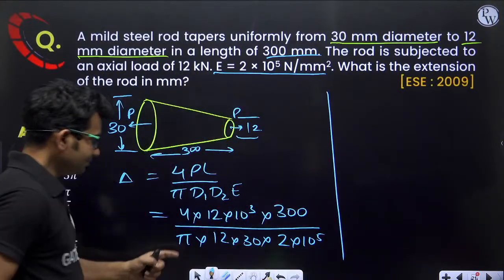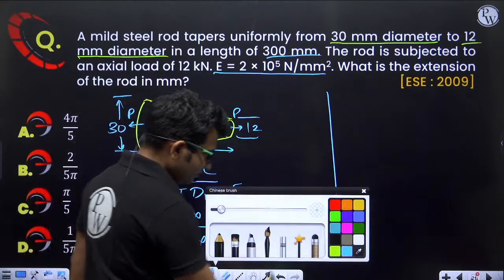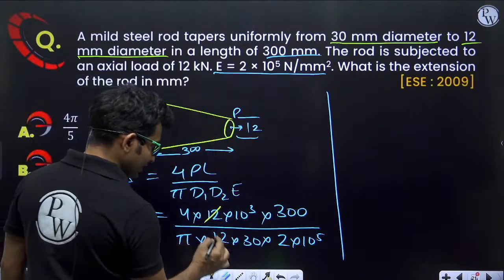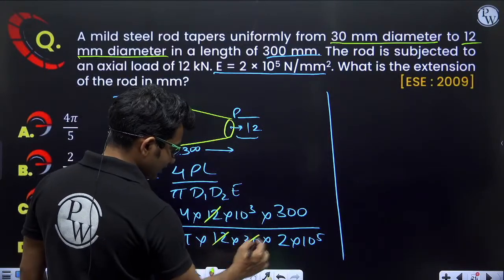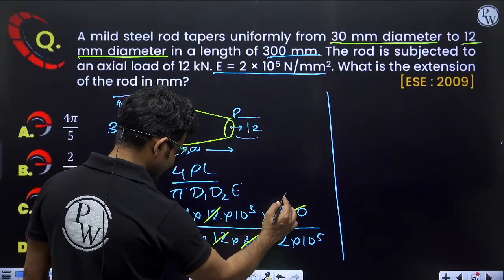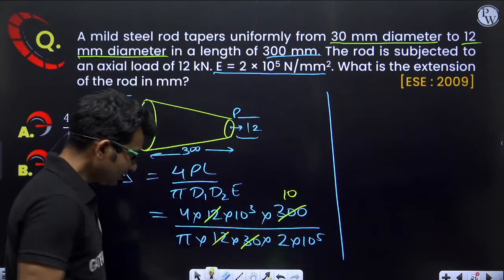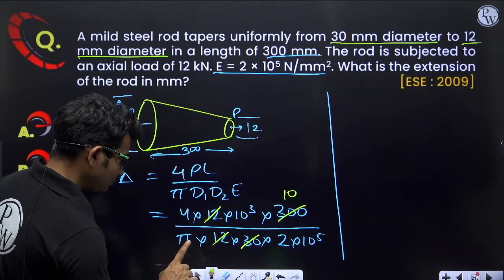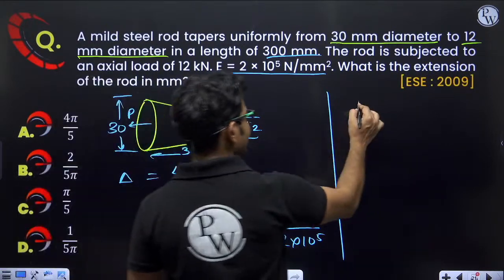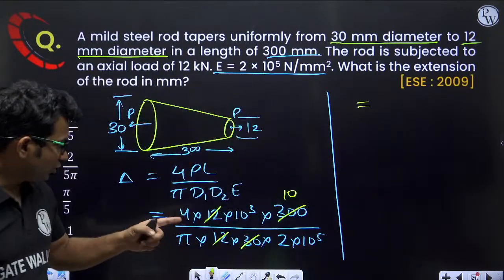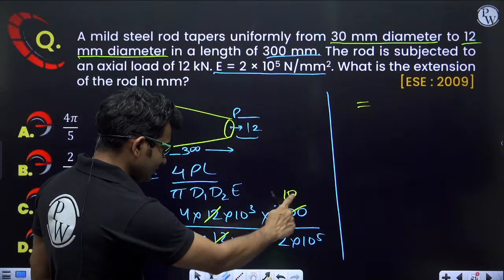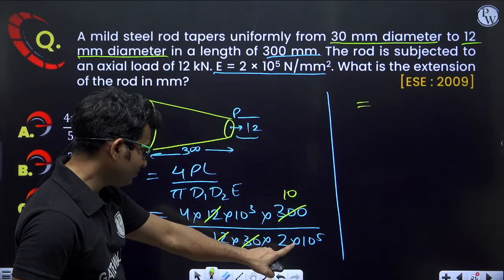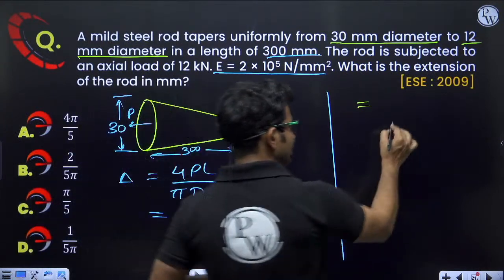Now if we see here, all the values are given such that they cancel out with each other. So 12 will cancel out with 12, 30 will cancel out with 300, and we will be left with 10 here. First of all, let us see how many zeros are there. In the numerator we have 4 zeros, and in the denominator we have 5 zeros, so 1 zero will remain in the denominator.